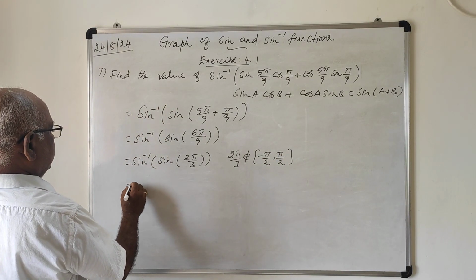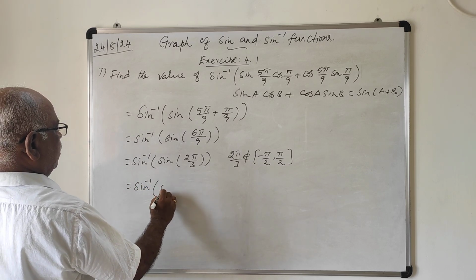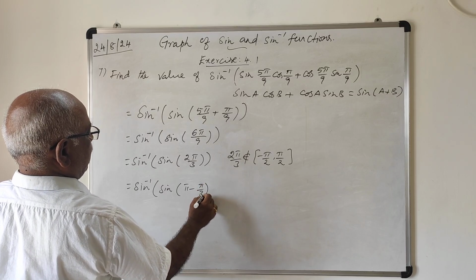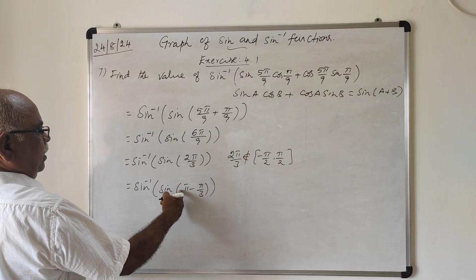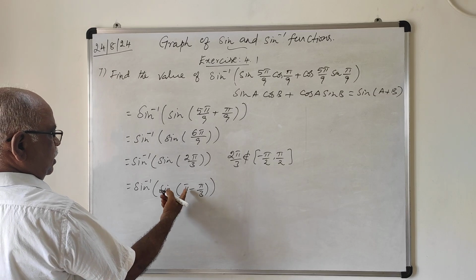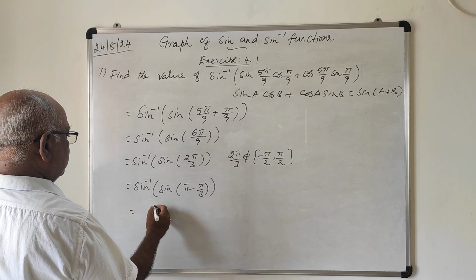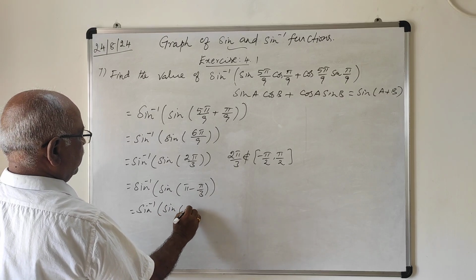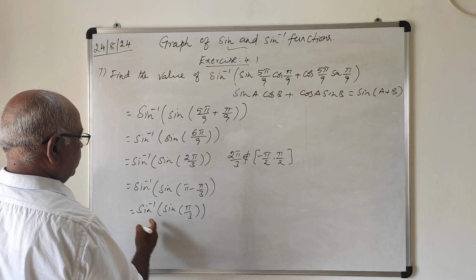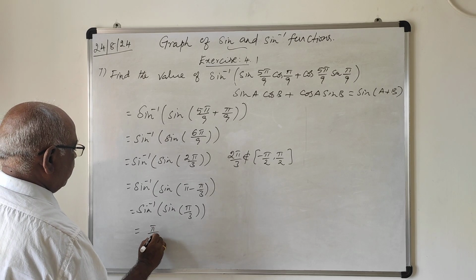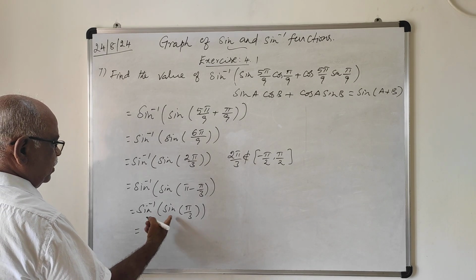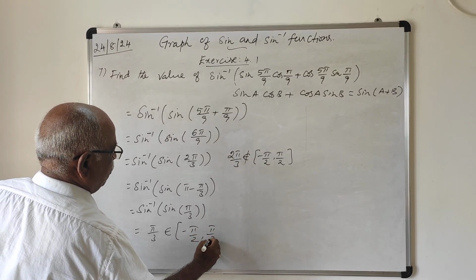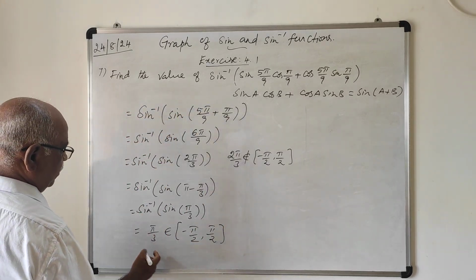So this is expressed as sine inverse of sine of (π − π/3), as in the previous case: 3π/3 minus π/3 is 2π/3. Second quadrant, sine positive, sine inverse and sine cancel, and you will get π/3, which is in the interval −π/2 to π/2. So the solution for this problem is π/3.